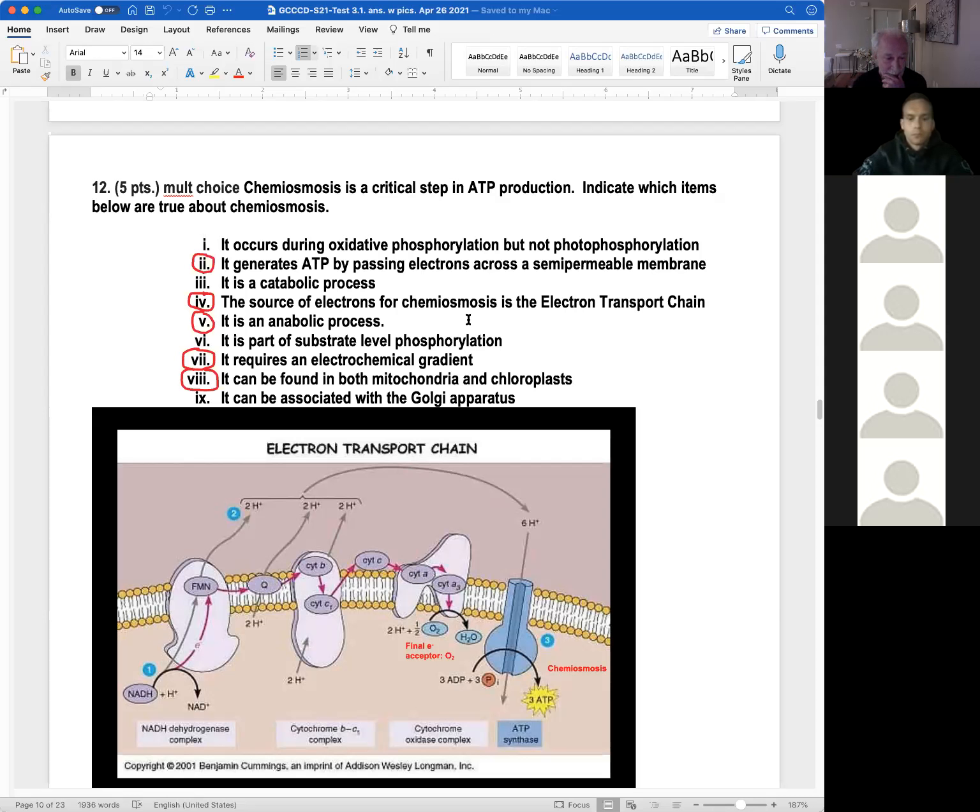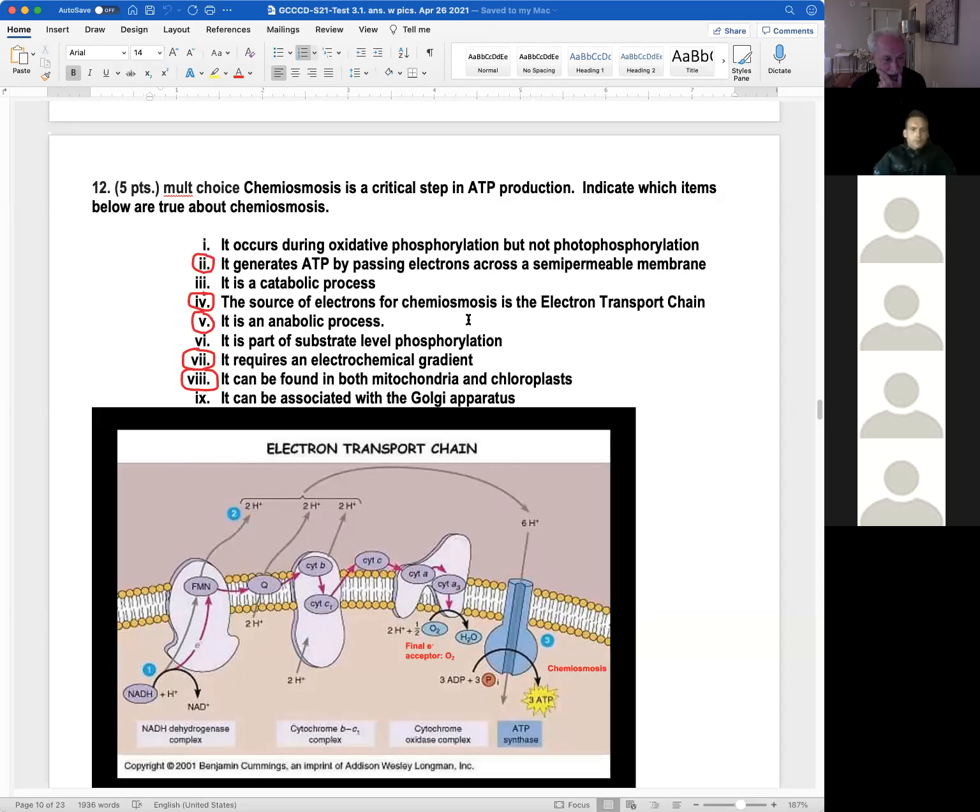Any thought? Well, it makes ATP from ADP and phosphate. So that's building up, and it takes energy. It takes energy from electrons and makes chemical energy in the form of a high energy bond in ATP. So it's an anabolic process.